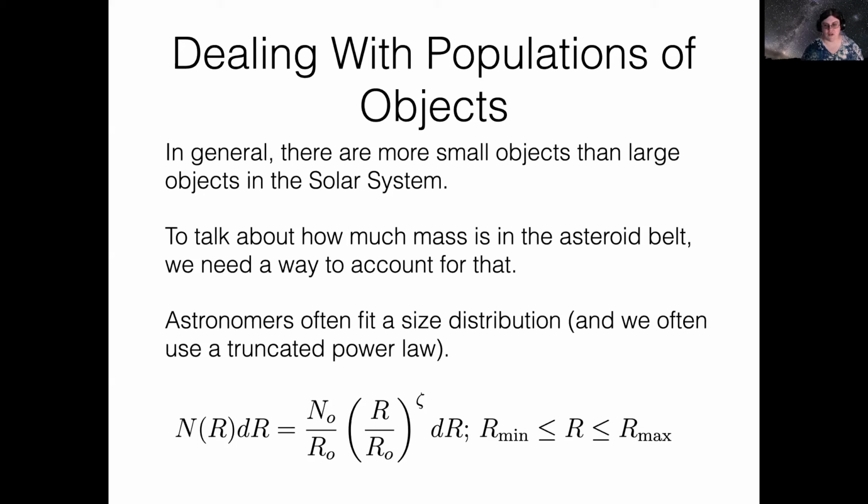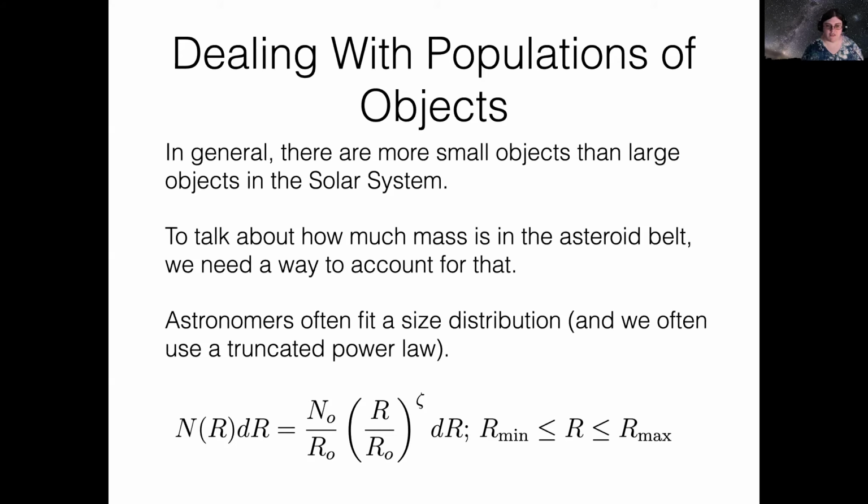It's usually scaled by some reference radius r naught. And the little Greek letter is then telling us what's called the power law index. It's telling us how steep it is. Now sometimes you'll see this written as a negative power, rather than just positive, because it's usually a negative power law. There's usually more small stuff than big stuff as r increases.